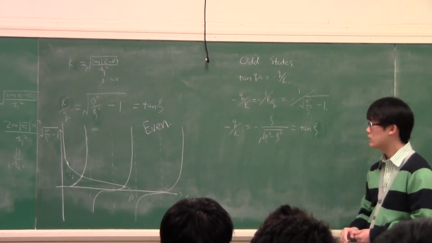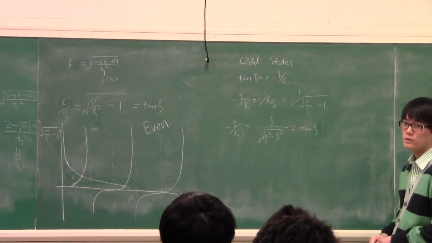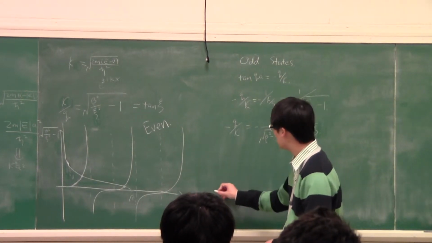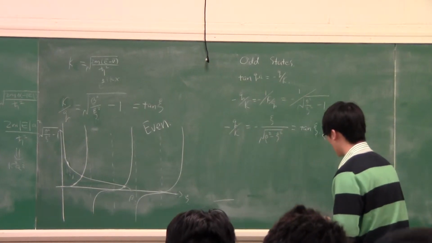All right. So now, the easy way to do this is to put the minus sign on the tangent so that this graph changes.